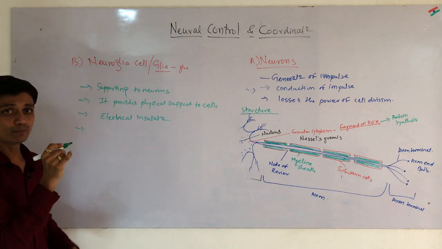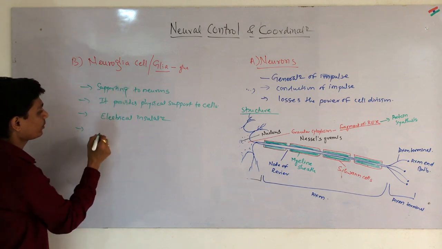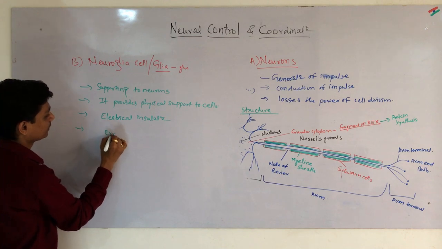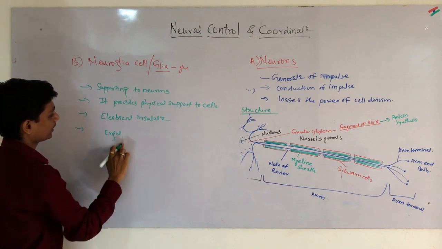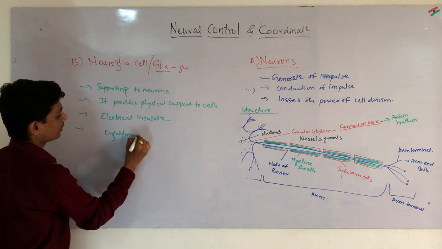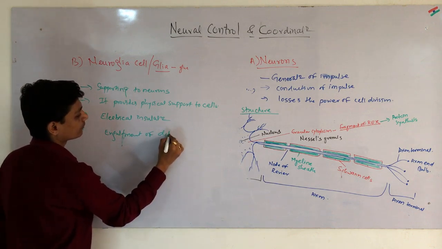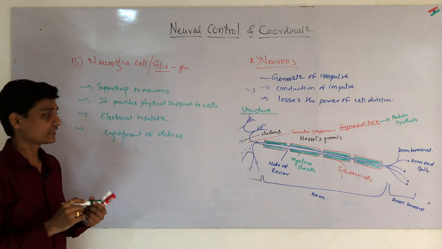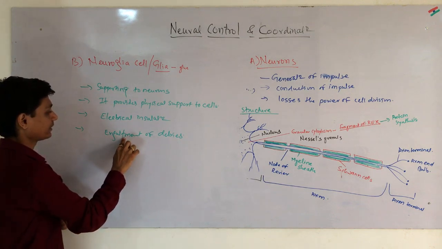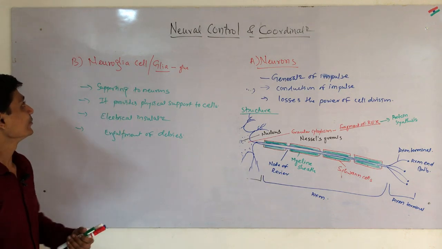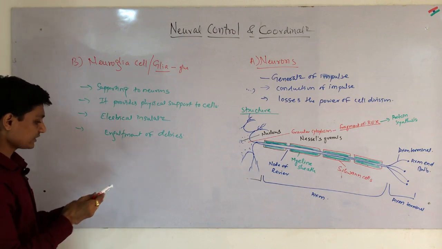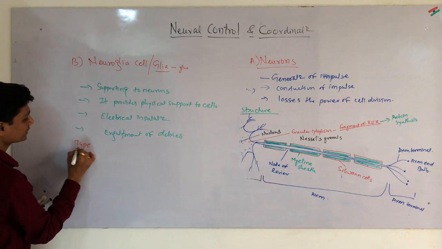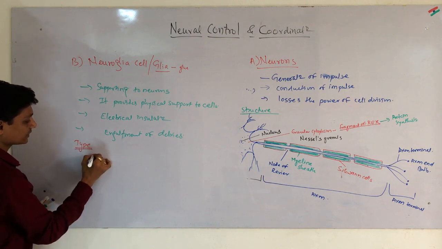And third, very important, they have the property of engulfment of debris. Whatever ruptured or dead cells are there, those cells get engulfed by these neuroglia cells. So there are three types of neuroglia cells.